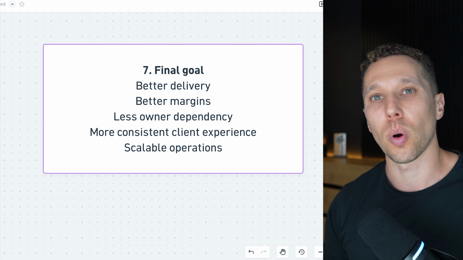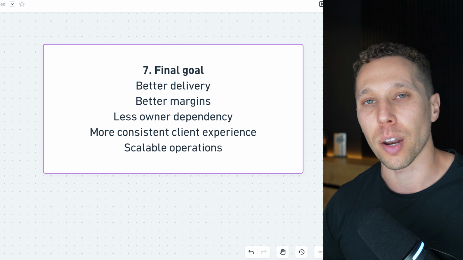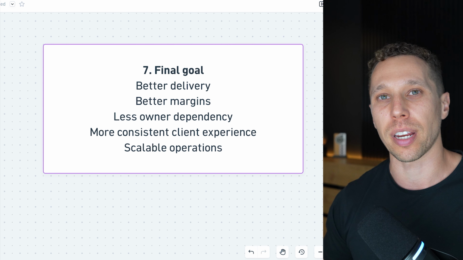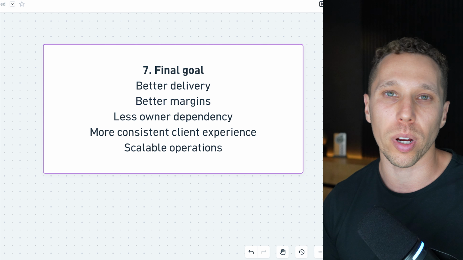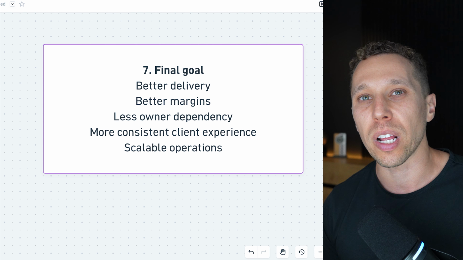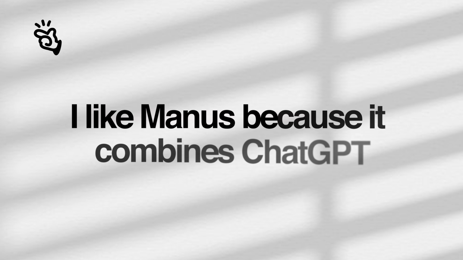Now, your final goal with picking out the best AI automation software for business is really just understanding what's going to have an impact to the business and what can you use right away. So, if you're just getting started, the simplest way is to start with Zapier. My current favorite AI chatbot agent is Manus. And the reason why I currently like Manus is because it's a mixture of what you normally use in ChatGPT, but then it can go take action.